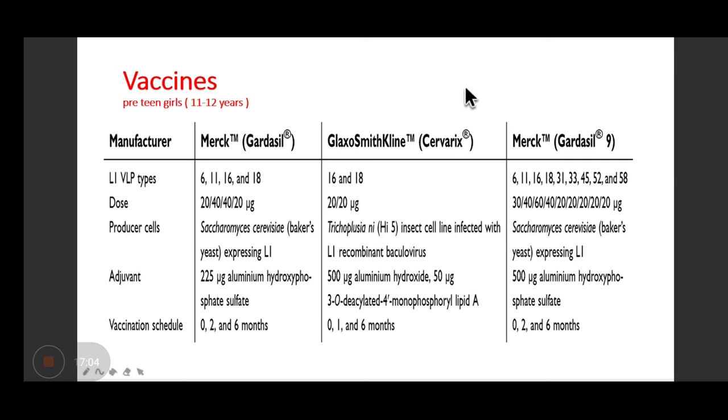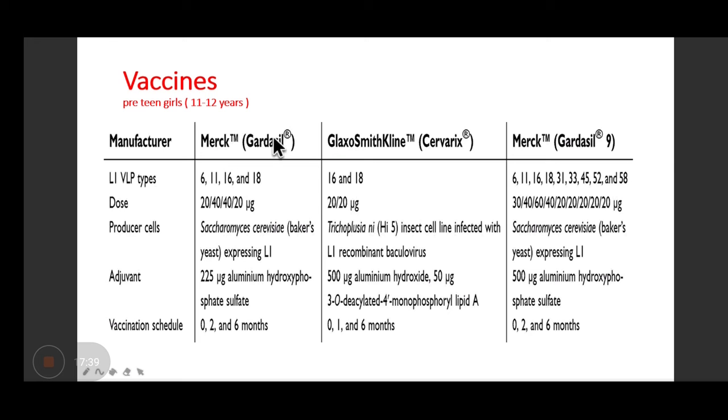Basically, we have three vaccines: Gardasil, Cervarix, and Gardasil 9. They are prepared from virus-like particles, which are composed of the HPV L1 protein, and these vaccines are prepared by recombinant technology.